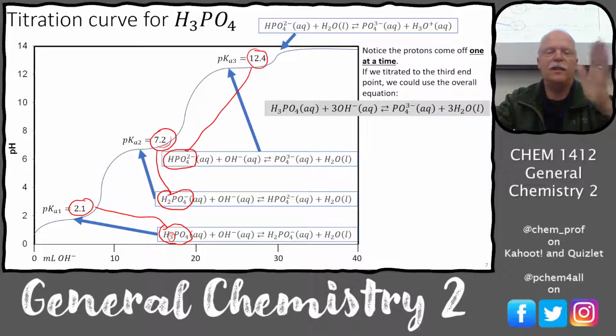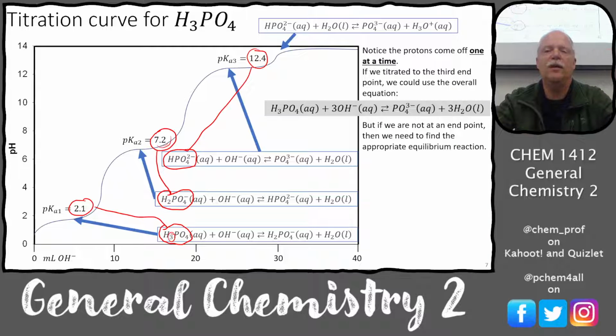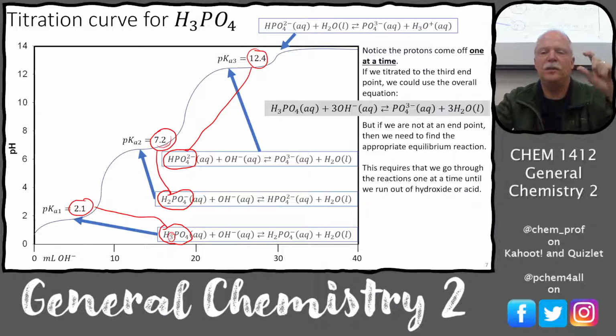But if we stop short of that endpoint or go past that endpoint, we need to do the equilibria reactions for each one of these. And so this requires that we go through each of these reactions one at a time until we run out of hydroxide. So then we know what pH we're at.